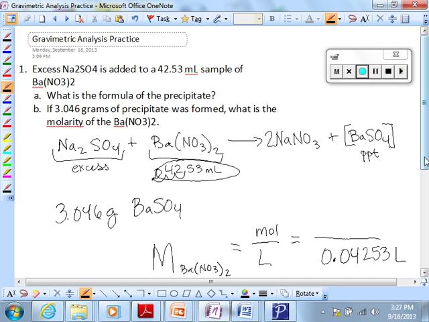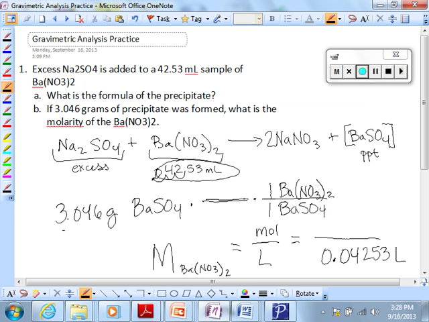So we have our liters, but we need our moles of barium nitrate, and we have this key piece of information, 3.046 grams of barium sulfate. I'm just going to do a mole map to get to moles of barium nitrate. That's my goal because that's what I want to know the molarity of. I'm starting over here at the mole-to-mole part just because I haven't calculated my molar mass yet. So I went ahead and wrote that in.